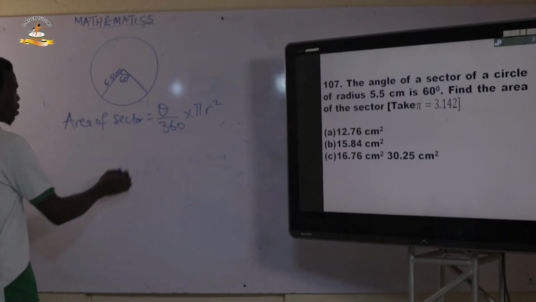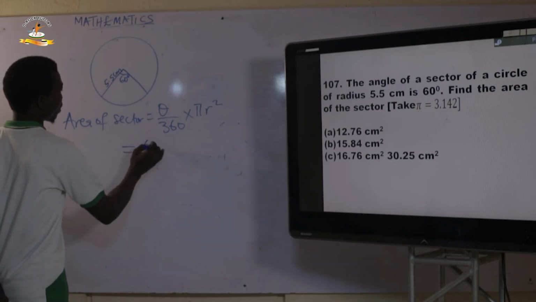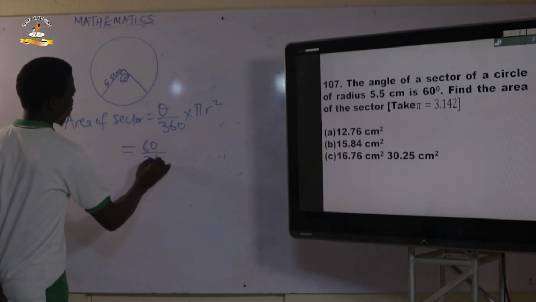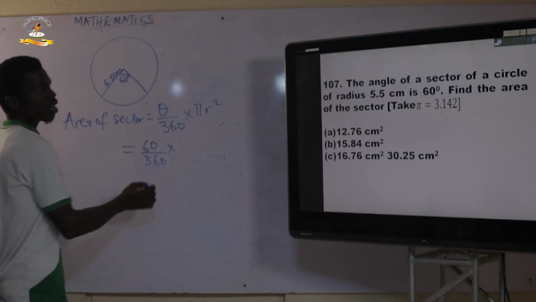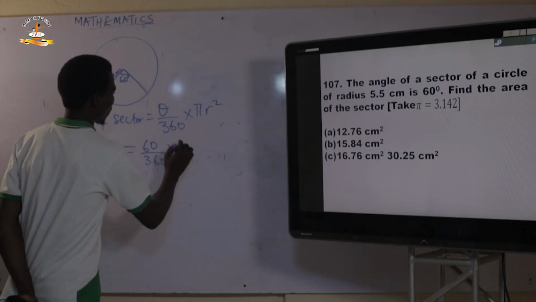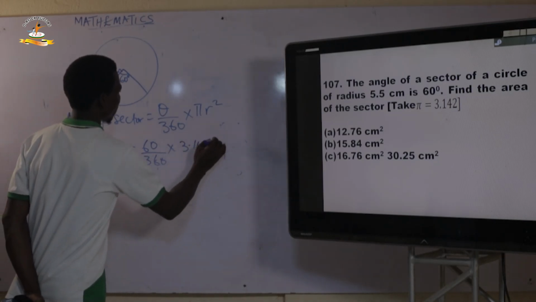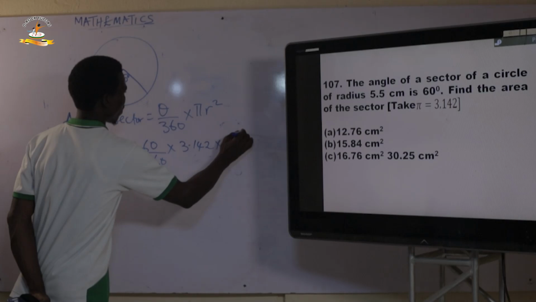And with that, we can say we have it as 60 all over 360 times our pi. You say we should take it for what? 3.142 times 5.5 squared.